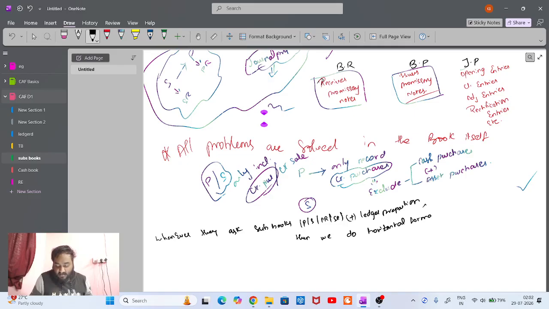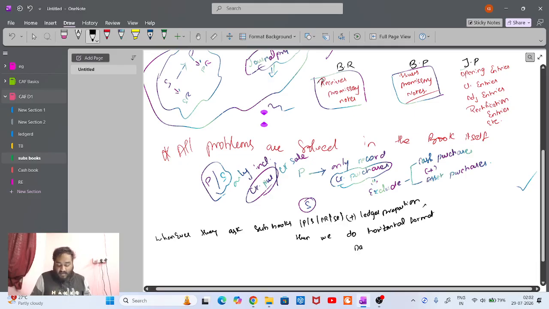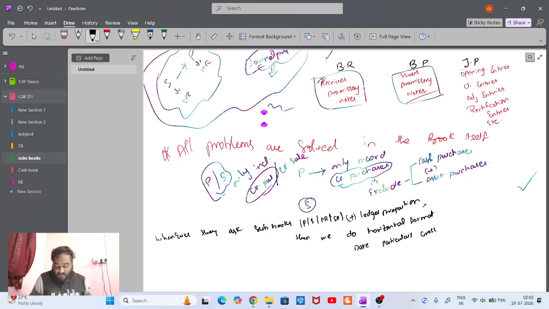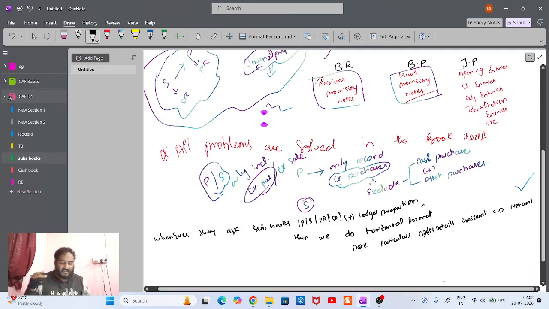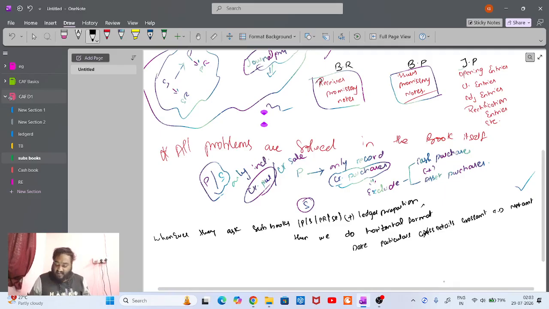What is that? Just remember: date, particulars, details, gross amount, trade discount, net amount. And if there is something like freight, then the total net amount.